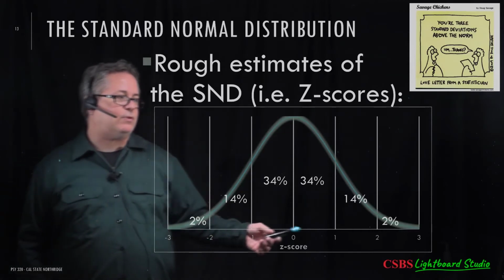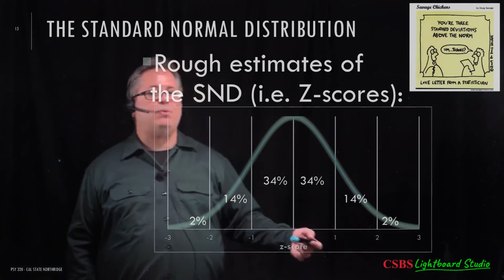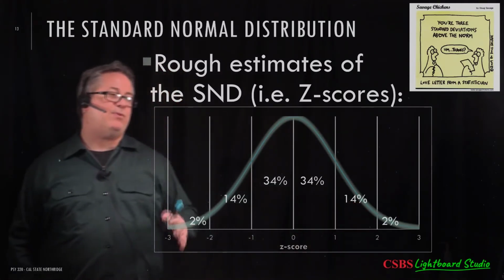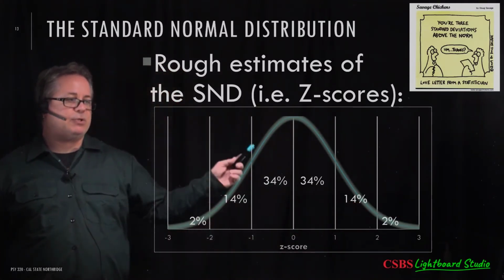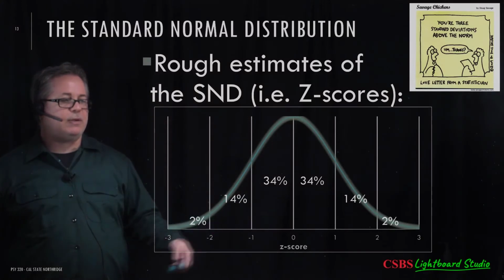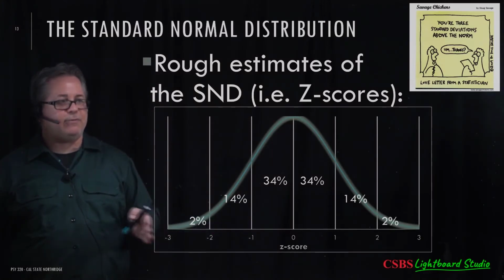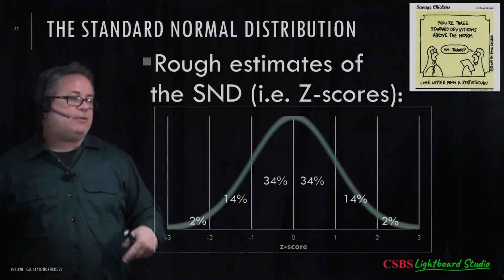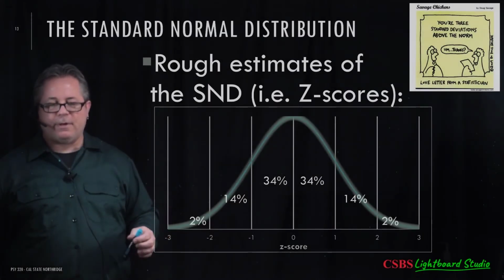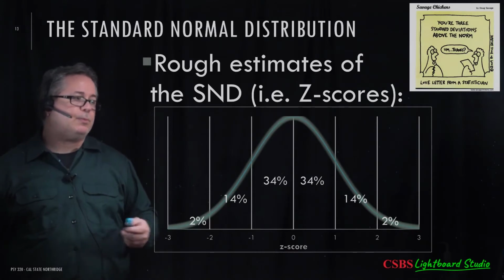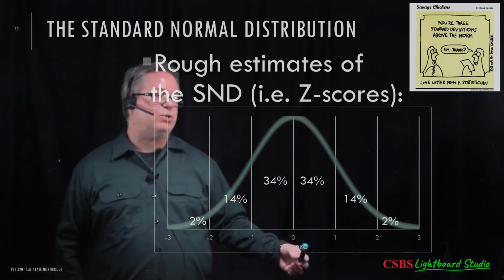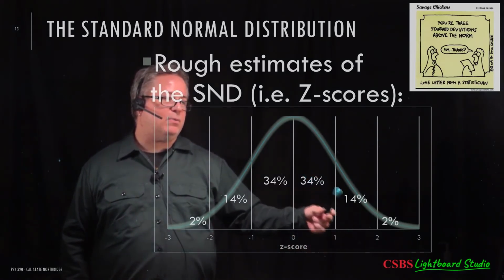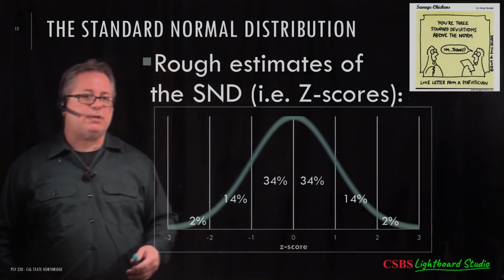Because 99.7% of the scores fall between -3 and +3, if you round that up, it's roughly 100. So this is assuming 100% is between -3 and 3, even though you can have values beyond -3 and beyond +3. But this gives you an idea. If you're trying to figure out the probability of scoring between 0 and 2 standard deviations, we can add these two together and realize it's about 48%.